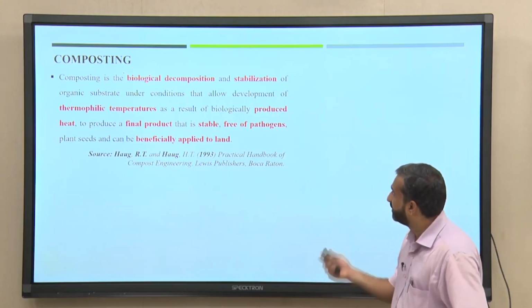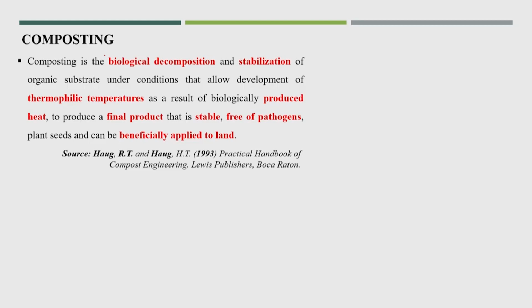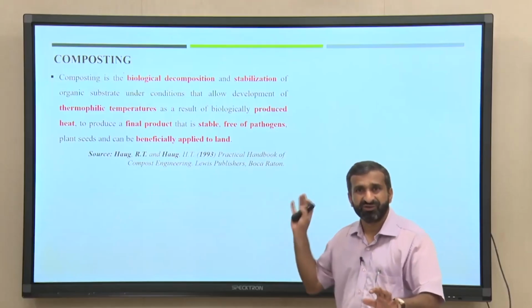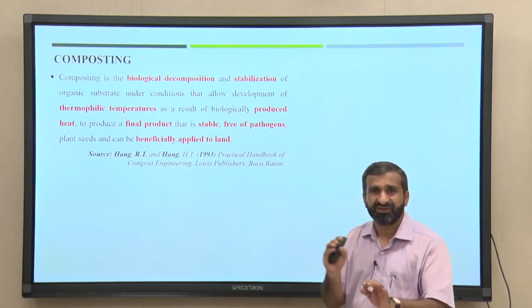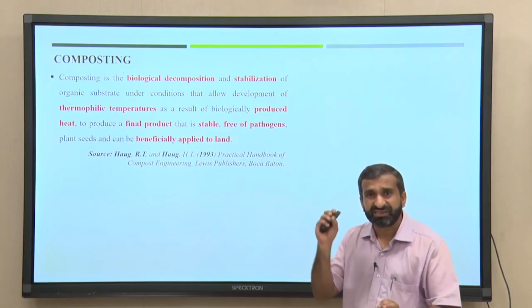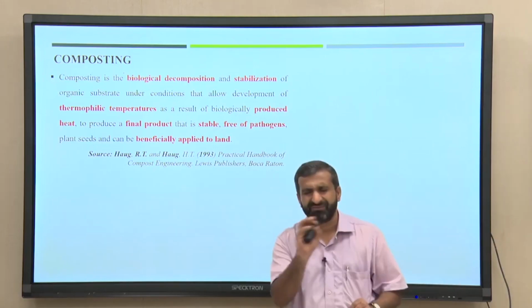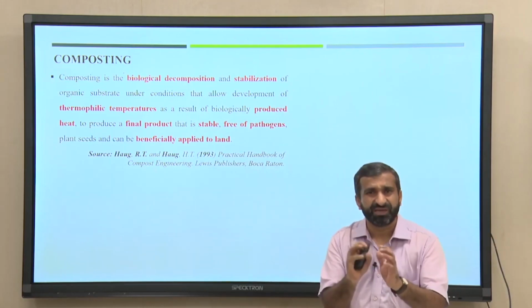So, it is a biological decomposition and stabilization of organic substance. Stabilization is also a very important word; it should be stable. Once we continue this lecture, I will explain for half a minute what stable means.